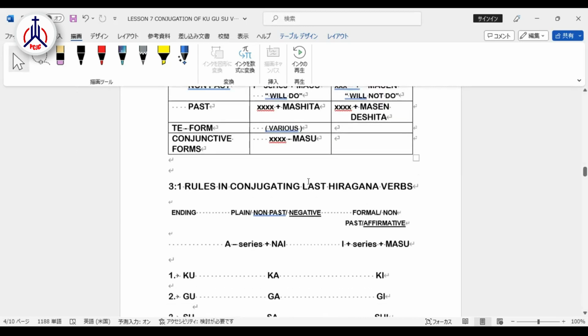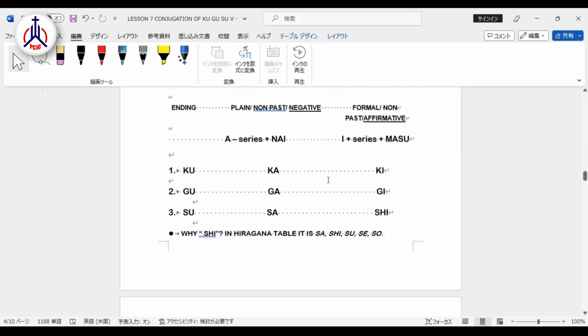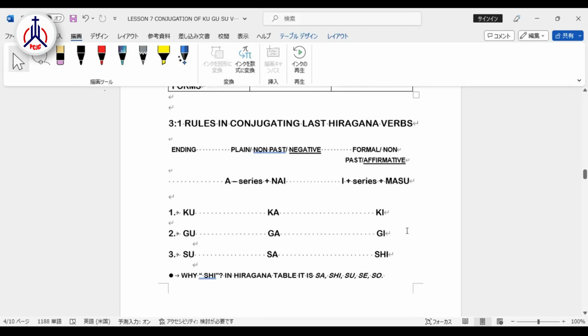So, the number one rule in conjugating is the last hiragana of the verbs. Okay, this is also important. Please kindly note this one. Just what I've said, the plain non-past negative will change to the A series plus nai. And then the formal non-past affirmative will change to the I series plus masu. So for example, the ending ku.